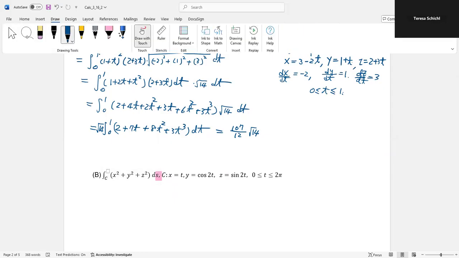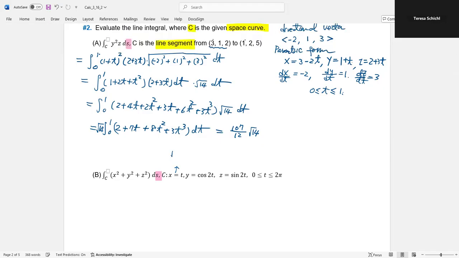So let's take a look at the dx/dt. The dx/dt for this one is just 1, then the dy/dt for this one will be negative 2 sine 2t. Then the dz/dt will just be equal to 2 cosine 2t, right?